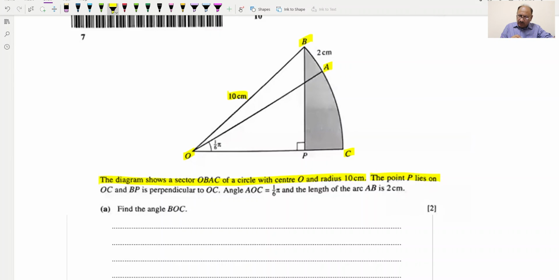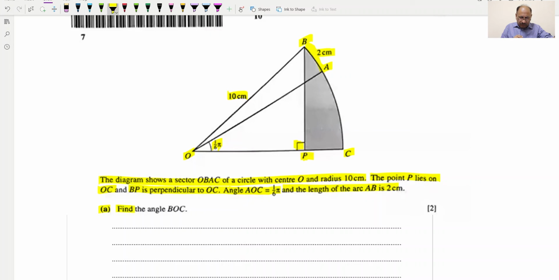The point P lies on OC, and BP is perpendicular to OC, so this is a 90-degree angle. Angle AOC is pi by 6, and the length of the arc AB is 2 centimeters, which is provided over here.